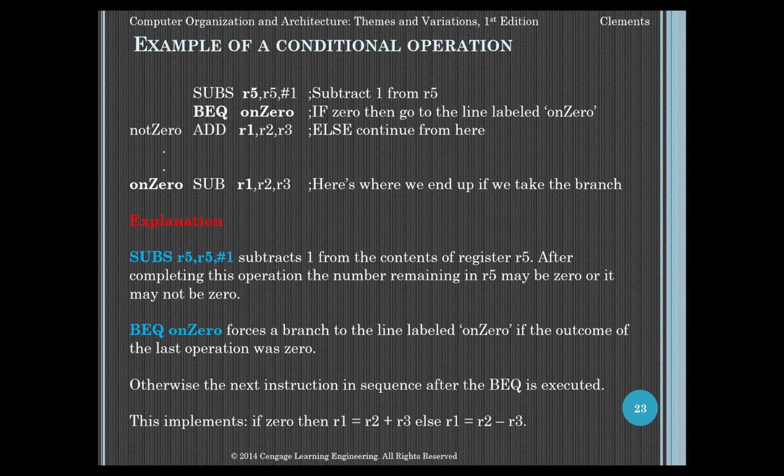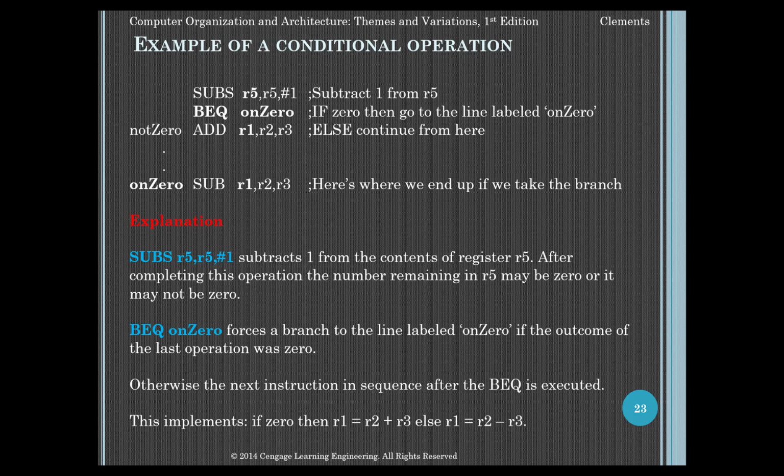So let's look at the code. This is essentially what we want to do, right? If we pseudocoded out this problem, this is what we want to do. This is not assembly. This is pseudocode right here. So q minus p equals x.